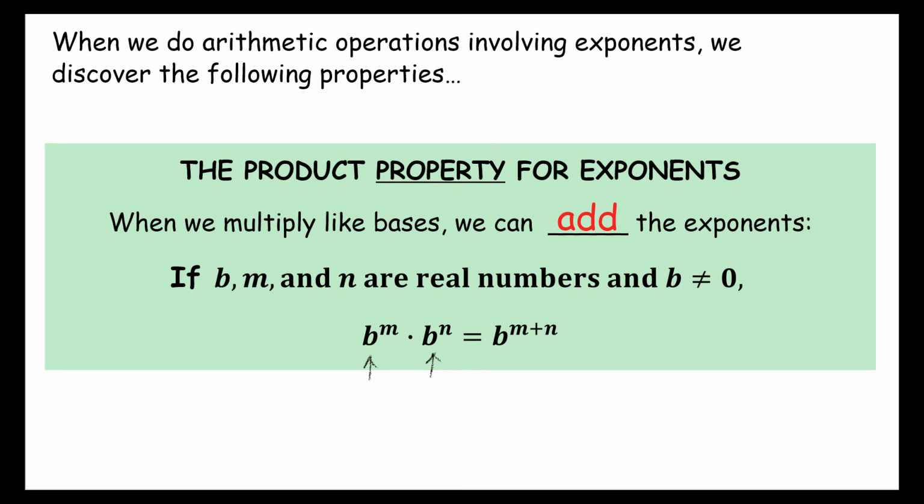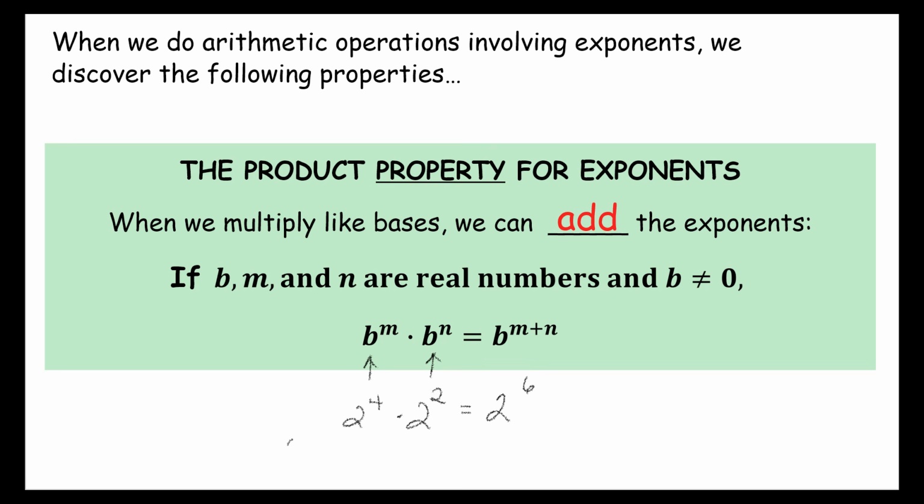You will get b to the m plus n. So if you have something like 2 to the 4th times 2 to the 2nd, that equals 2 to the 6th. And the reason I say it's not a rule, it's a property, is because that's just what happens, right?